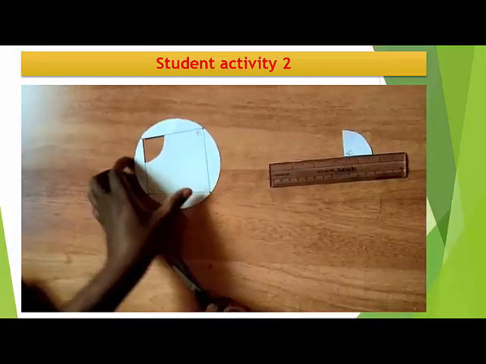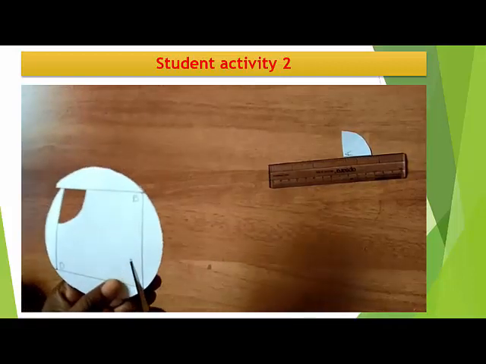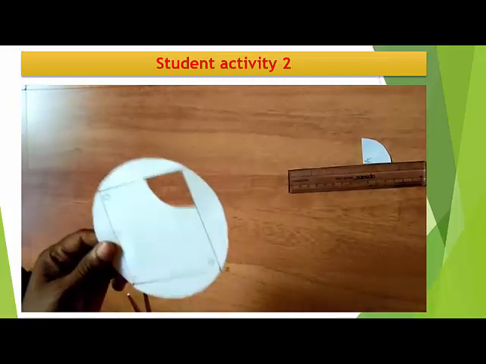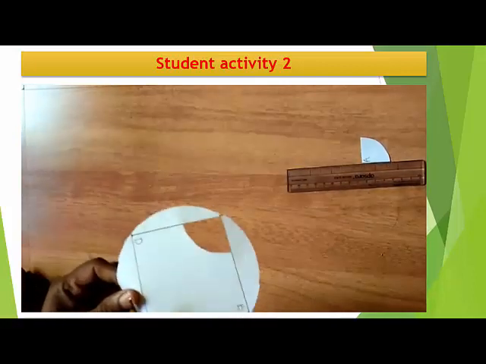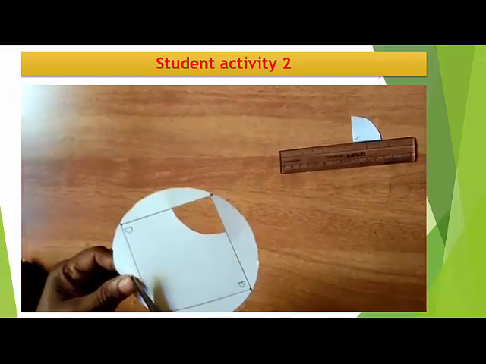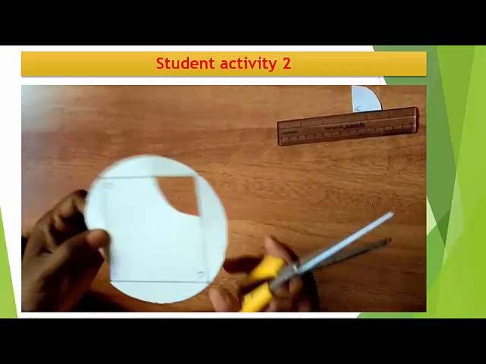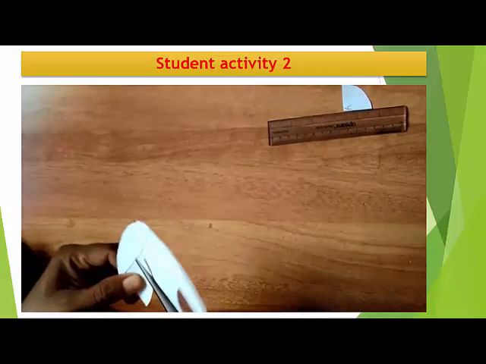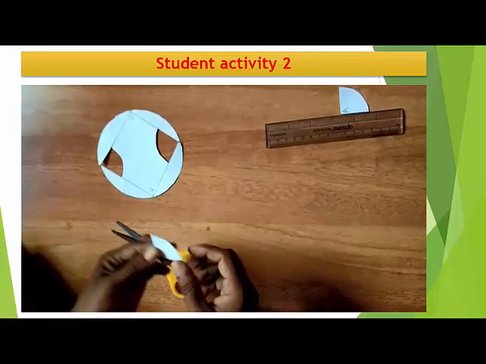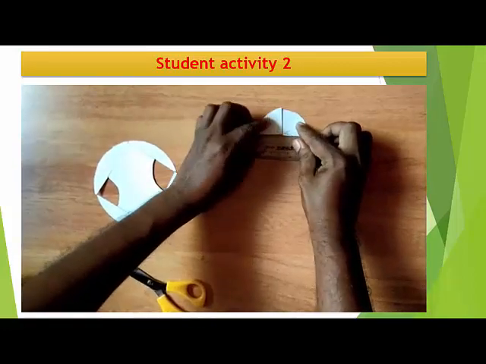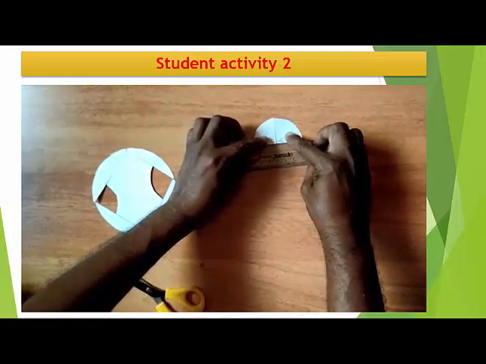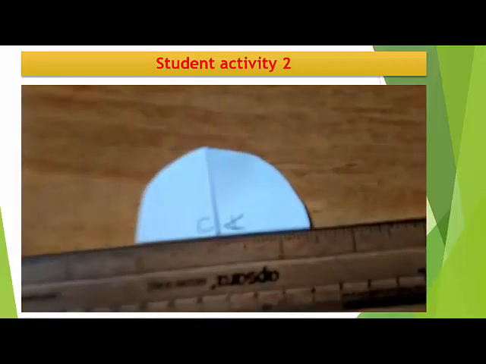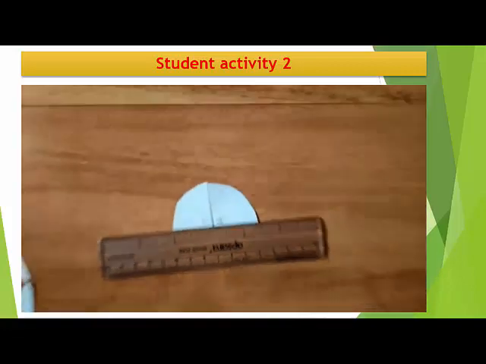Now cut angle C, similar to angle A. Attach this angle to angle A. We get a pair of these angles, A and C. Observe which type of pair of angles this is.